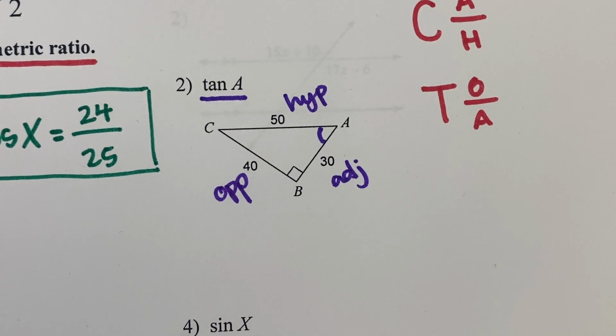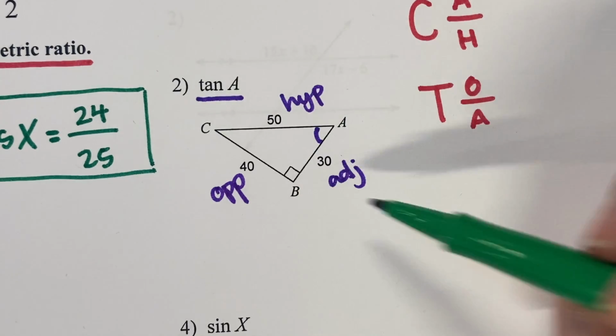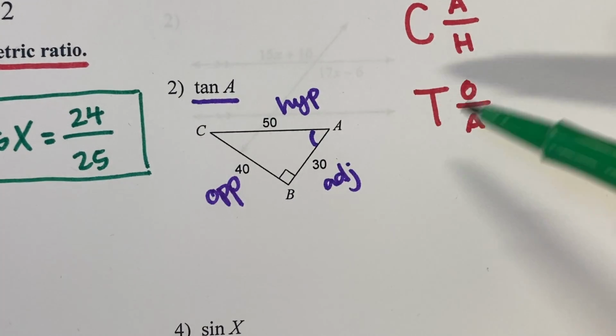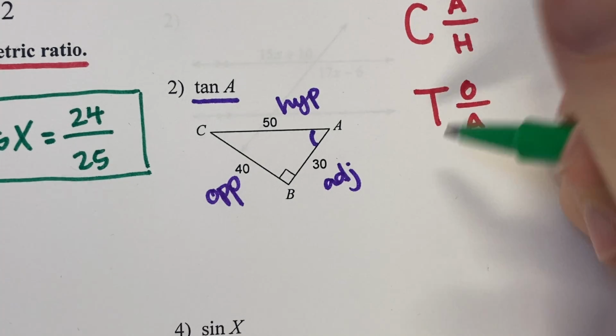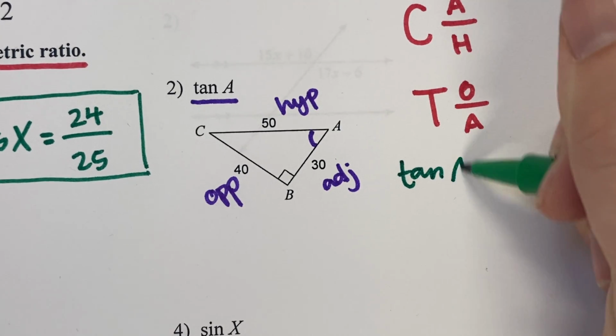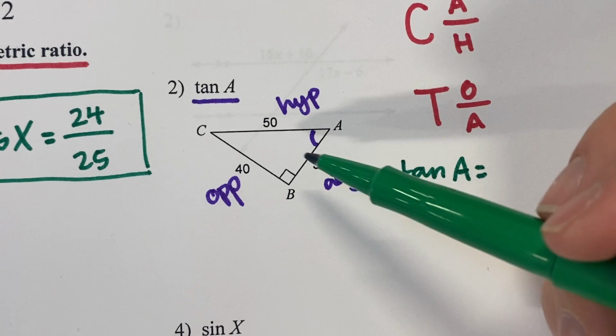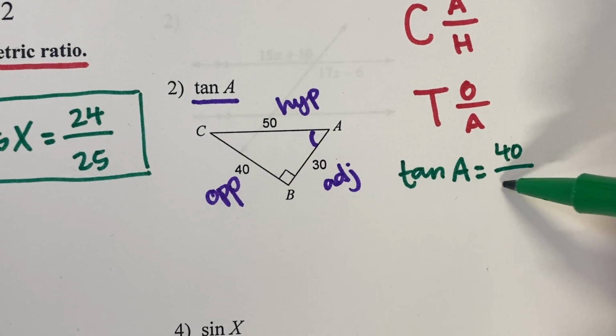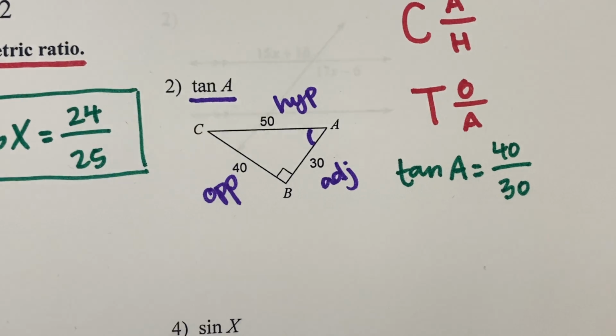Now we have our sides labeled. We just need to identify which 2 we need to use for tangent. Well, that's going to be TOA, so opposite over adjacent. So the tangent of A is equal to opposite, 40, over adjacent, 30.